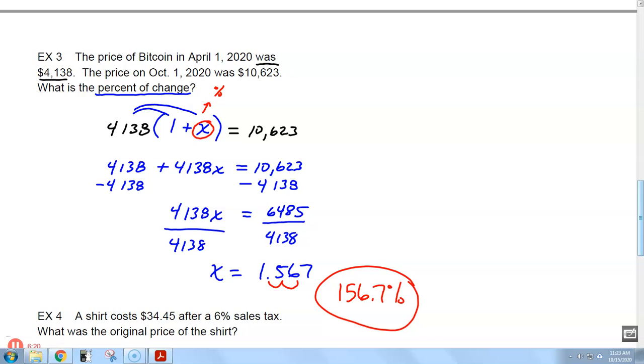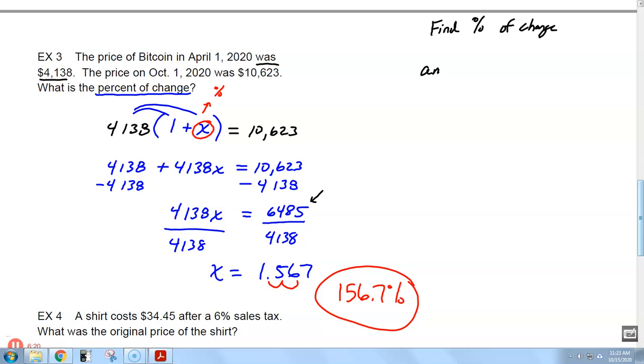Now, there's another formula. You might want to write this down because this is kind of a shortcut. So when you want to find the actual percent of change, there's a couple formulas. Notice that this number right here is just the difference.